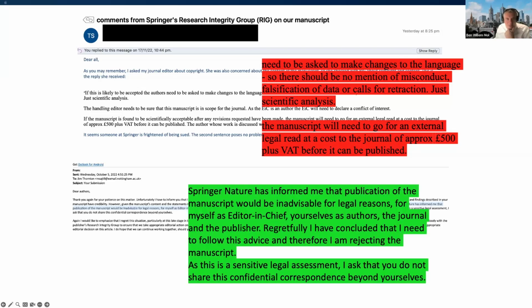And we had another paper where the editor had accepted the paper for publication, but Springer then said, we are not going to publish this overview. And the editor then wrote to us, Springer has informed me that publication of the manuscript would be inadvisable for legal reasons.